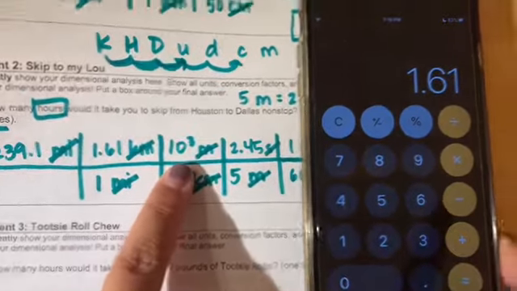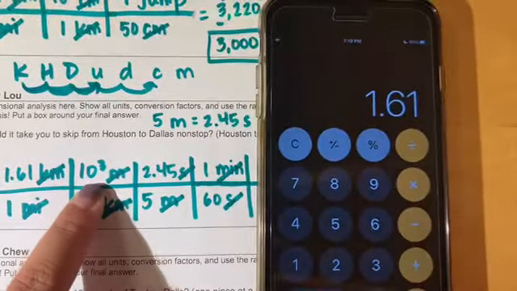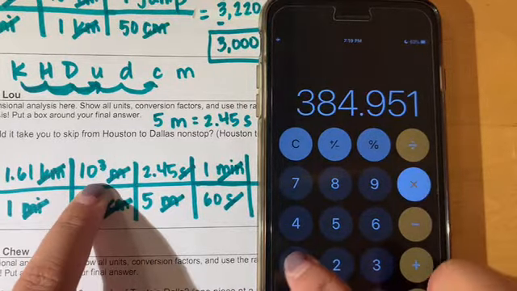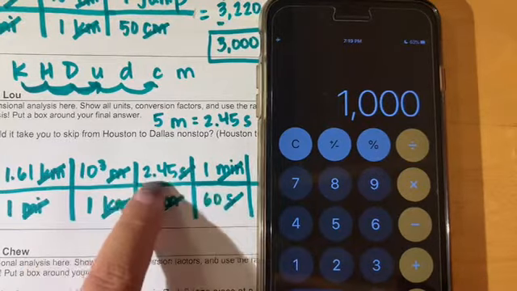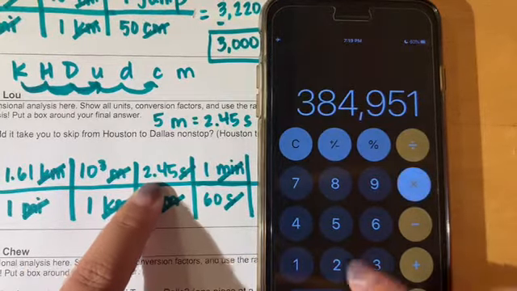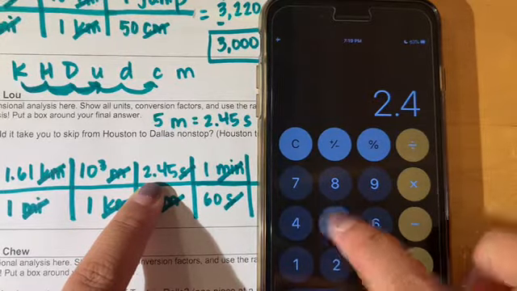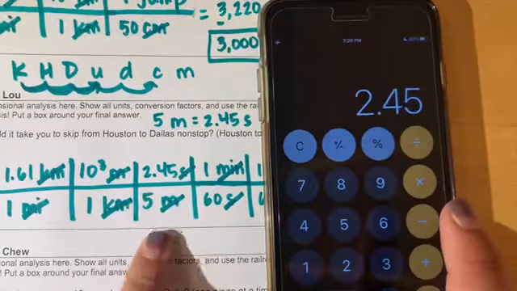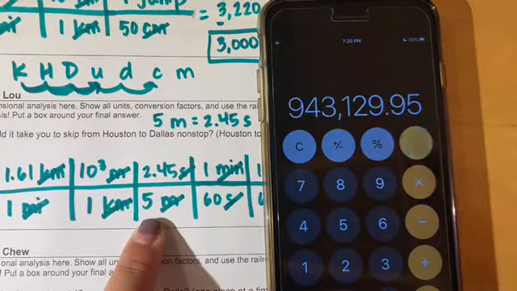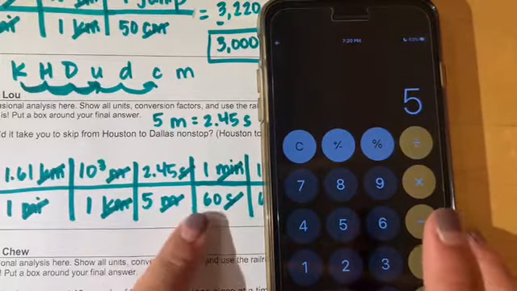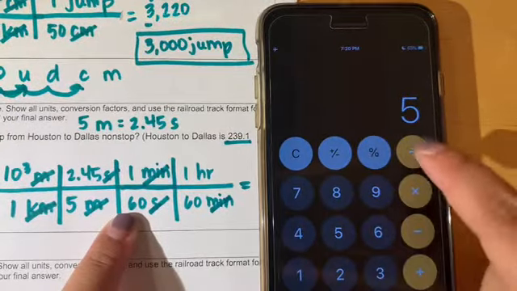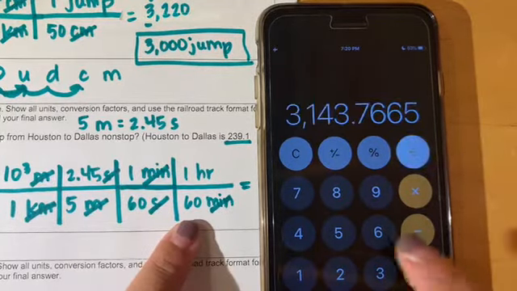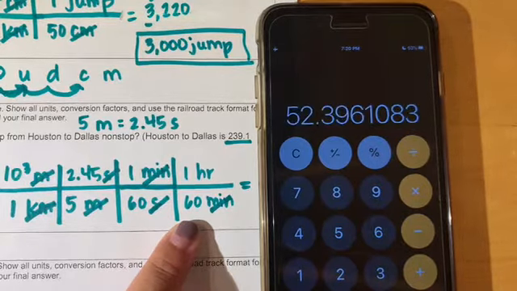The next number is 10 to the 3rd, which is 1,000, so times 1,000, and then times 2.45. Then we have no more numbers on top, so we go down: divided by 5, then divided by 60, and then again divided by 60, and then push equals.